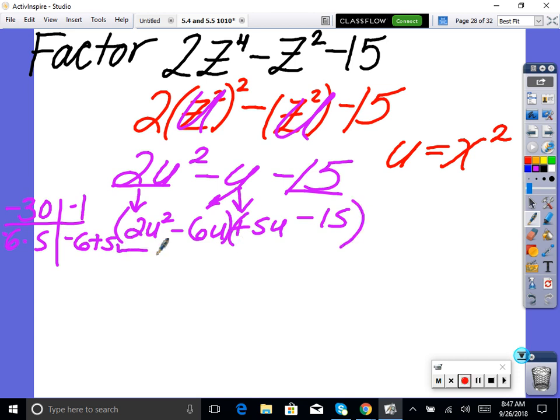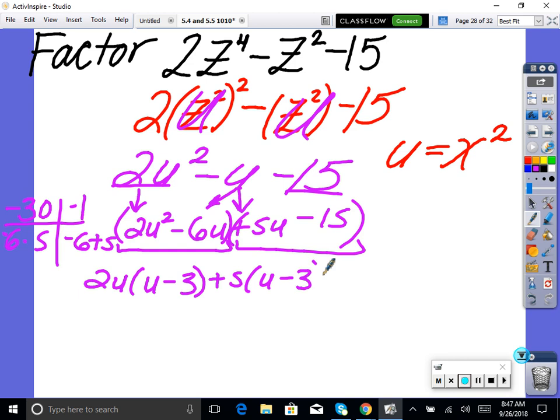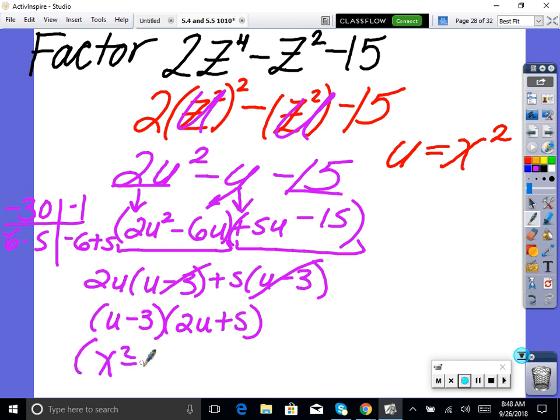Pulling out the greatest thing in common here is 2u, so then left is u minus 3. Here it is a positive 5, so then left is u minus 3. Now we'll pull out u minus 3, leaving me with 2u plus 5. But it's not u. U is z squared. So we have z squared minus 3, and then 2z squared plus 5.